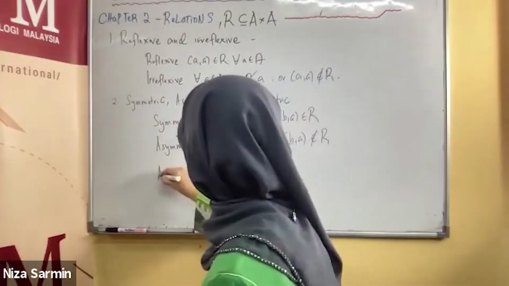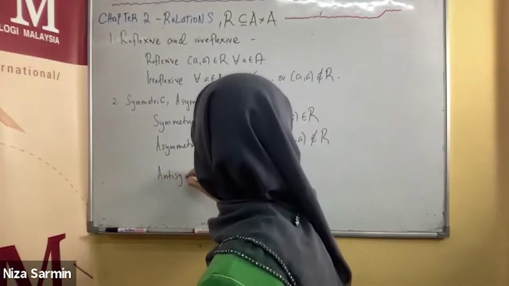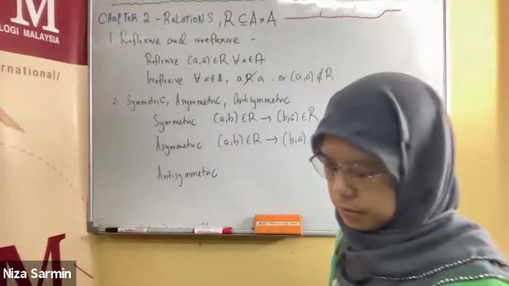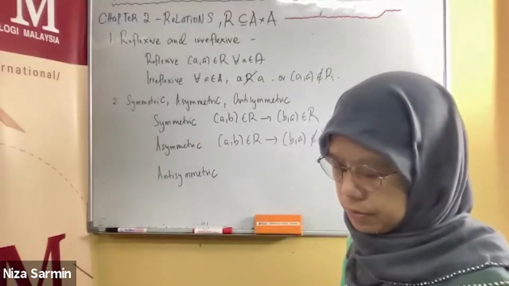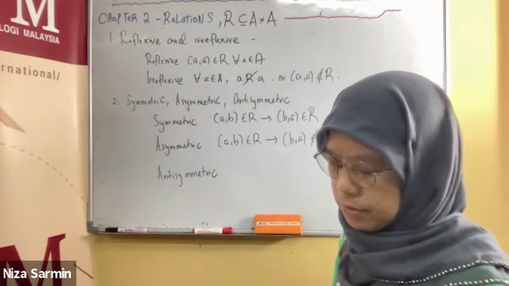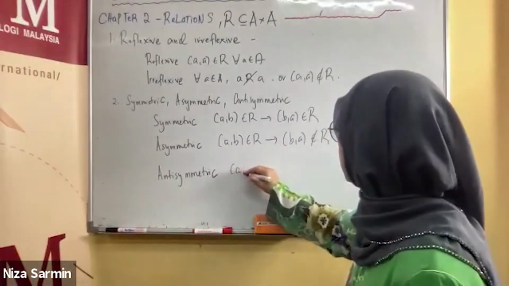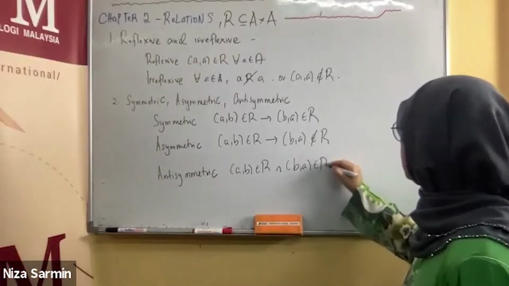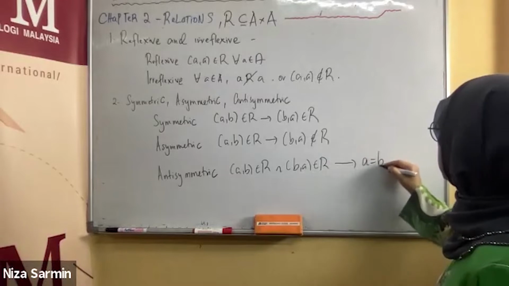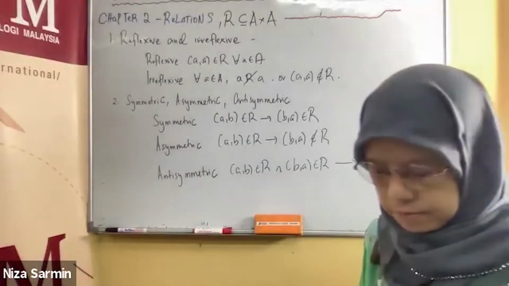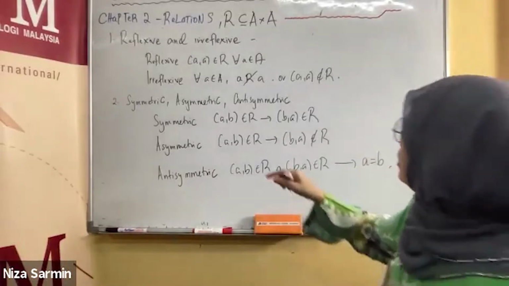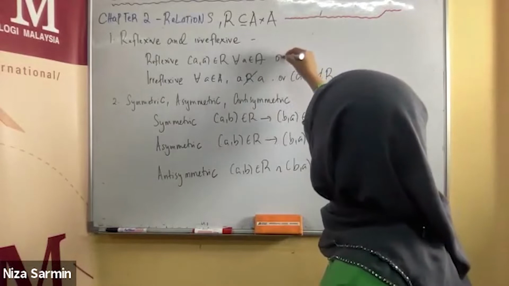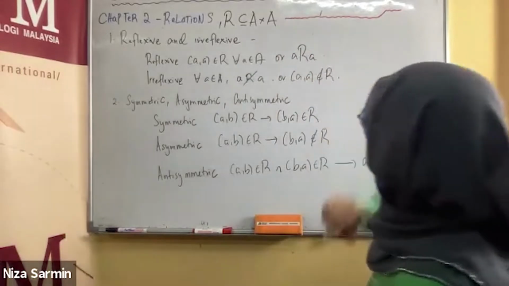Okay, antisymmetry. This says if (a, b) is in R and (b, a) is in R, then a must be b. That is another way to write this, right? Like this, or you write a R b.